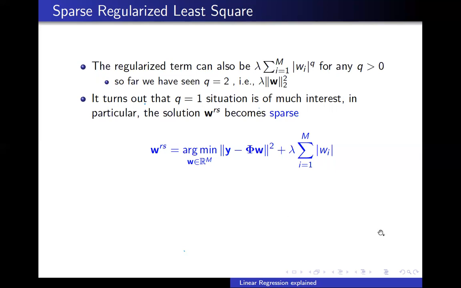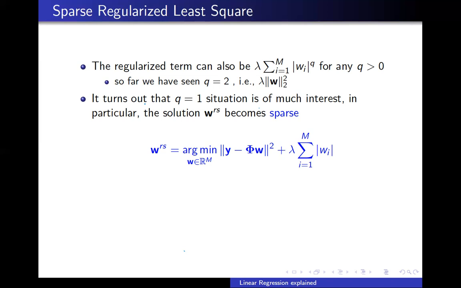Your regularization term now simply becomes the L1 norm, or the sum of the absolute values of Wi. If you try to minimize this, you do not have a closed form solution, but the solution you observe is very sparse. That means many of the entries of the solution W are going to be 0, and only some of the entries are going to be non-zero.